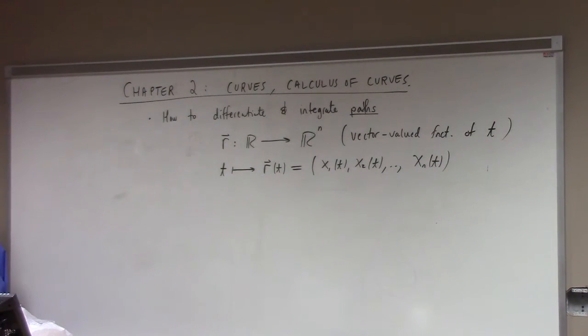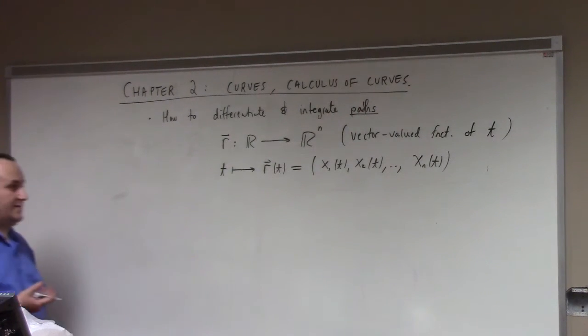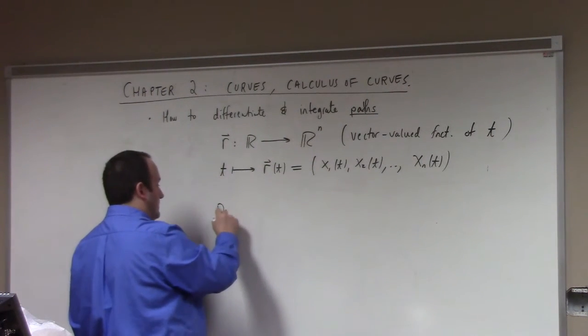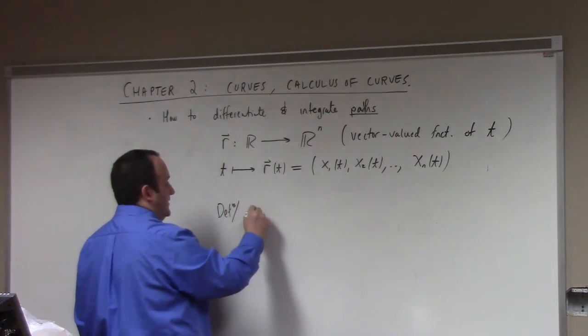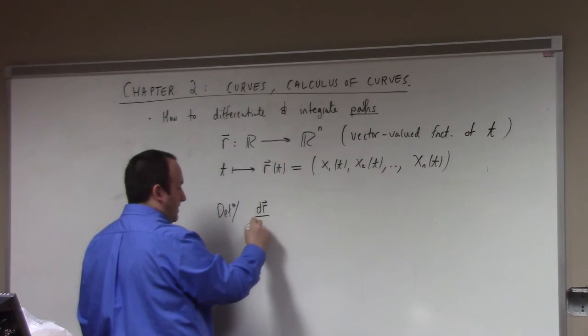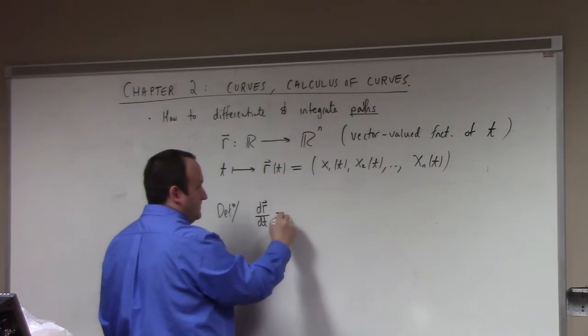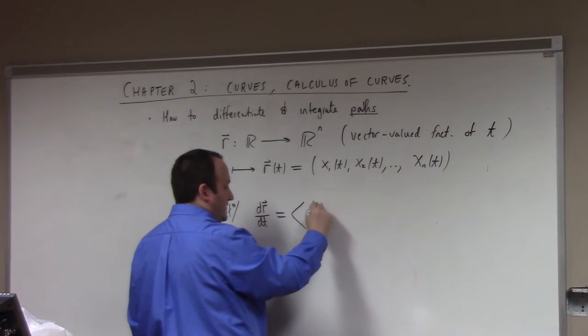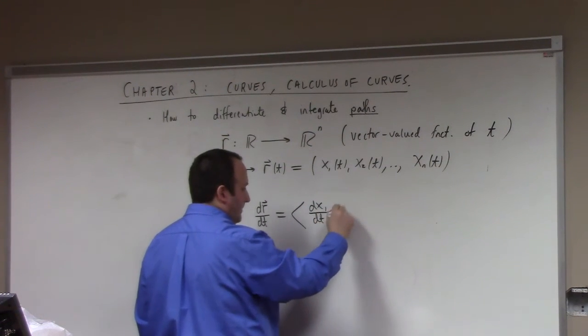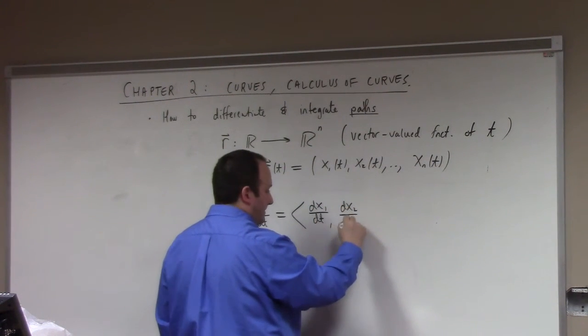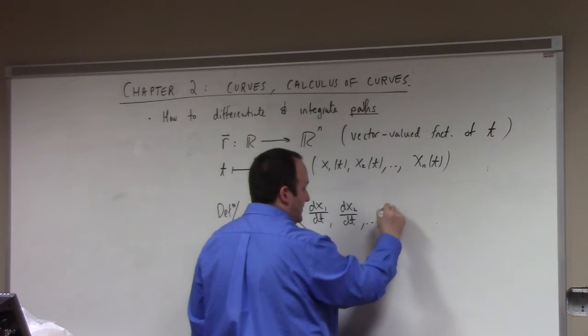So this kind of calculus is actually very much like the calculus you already know from Calculus 1. Here's the definition. dr dt, guess what it is? You just do dx1 dt, dx2 dt, dot, dot, dot, dxn dt.